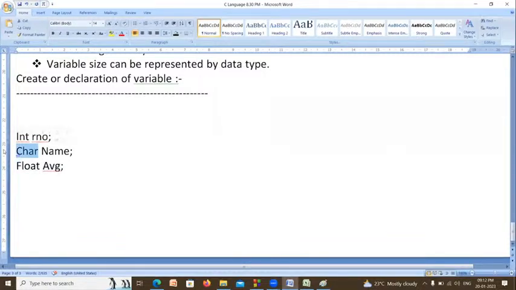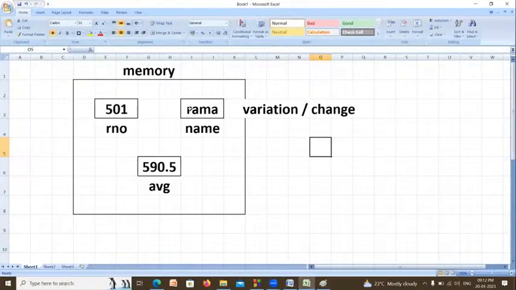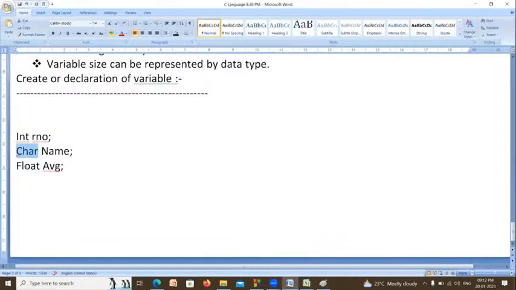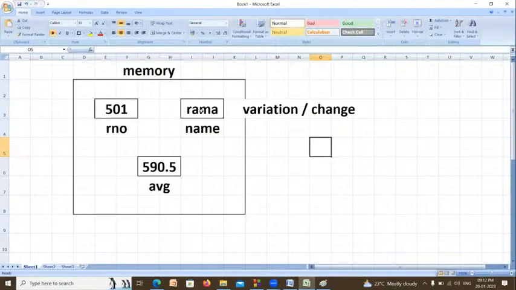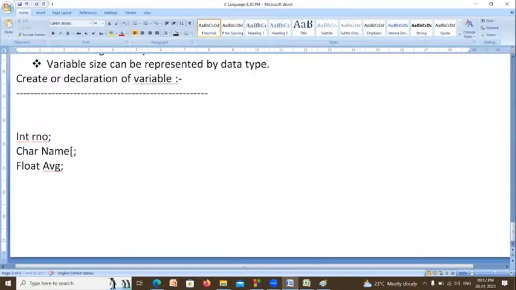Integer roll number means the computer allocates 4 bytes of memory for this, and you can store an integer value in this container. Float average means the computer allocates 4 bytes of memory, and you can store a floating point value. Now character name means it allows you to store only one character, because a character is 1 byte. But you are going to store a group of characters, no? Then you need to specify how many characters you are going to store, using square brackets.